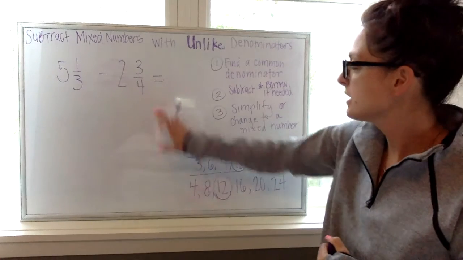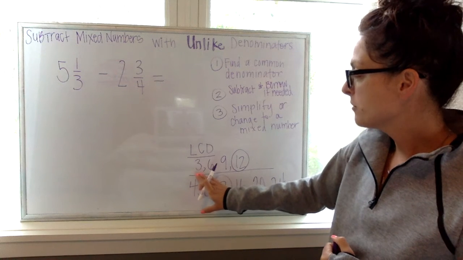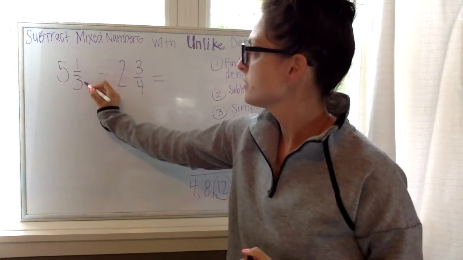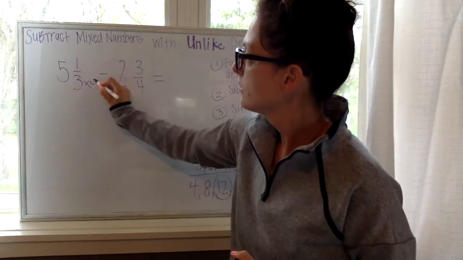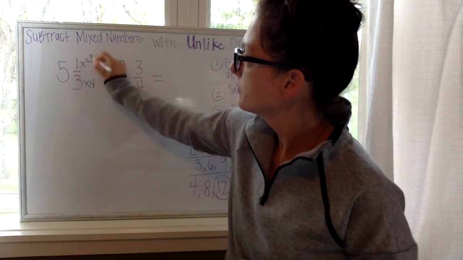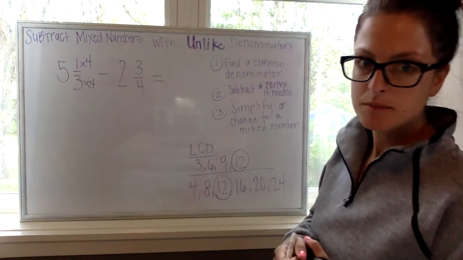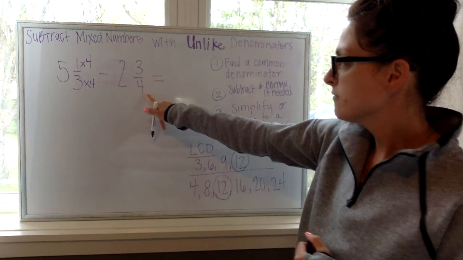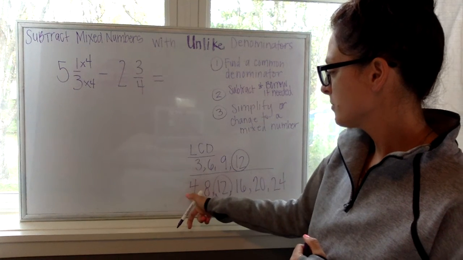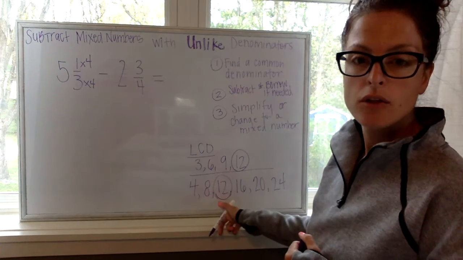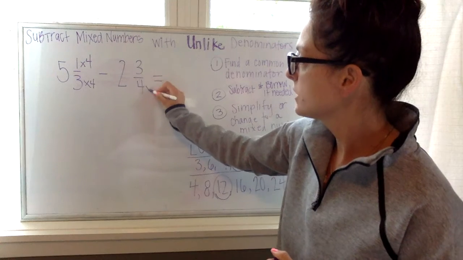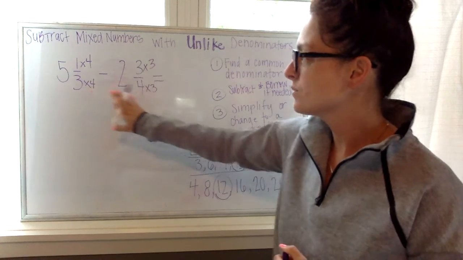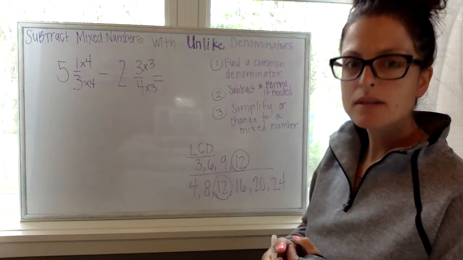So I can count how many groups of 3 did I make? 1, 2, 3, 4. So that's what I'm going to multiply my 1/3 by, times 4. My numerator and denominator need to be multiplied by the same number. And when I'm looking at my fours, I'm going to multiply by 1, 2, 3 groups, so times 3. Once again, this one works to multiply by the opposite.